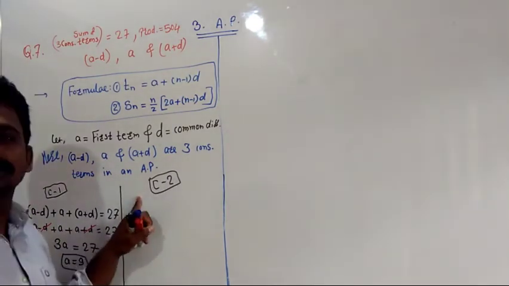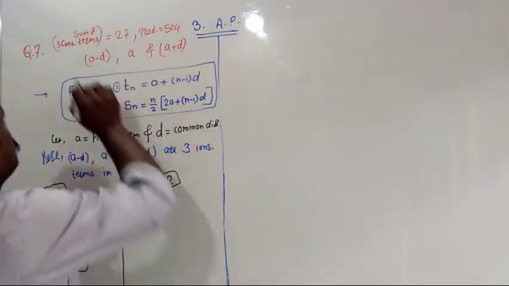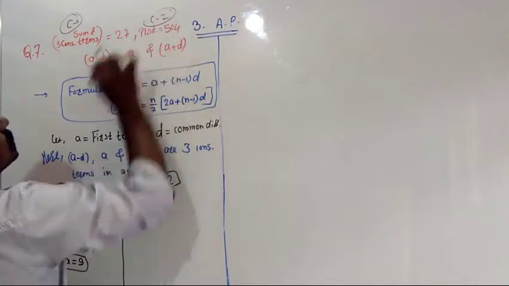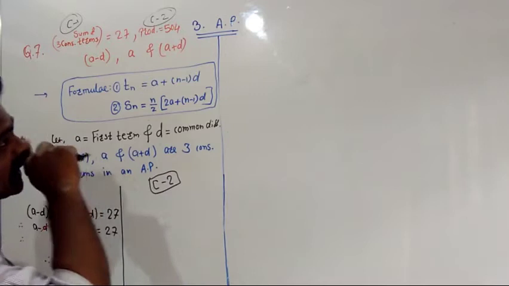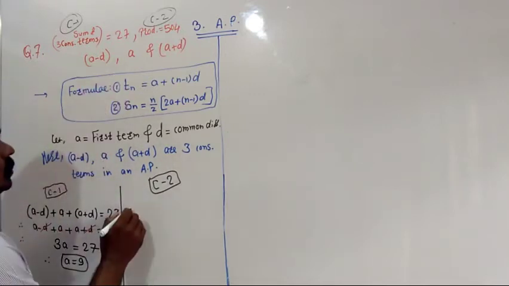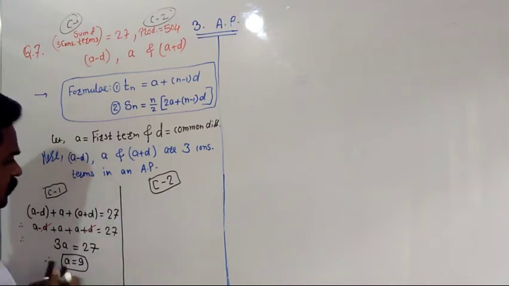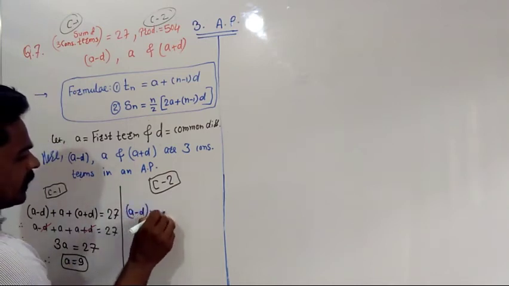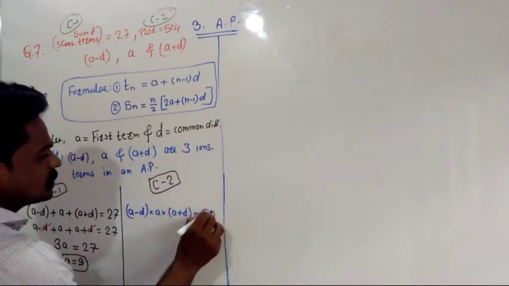Now use the second condition. What is the second condition, friends? This is my first condition and this is my second condition: the product of the three consecutive numbers is 504. So first one is a minus d, into a, into a plus d, is equal to 504.